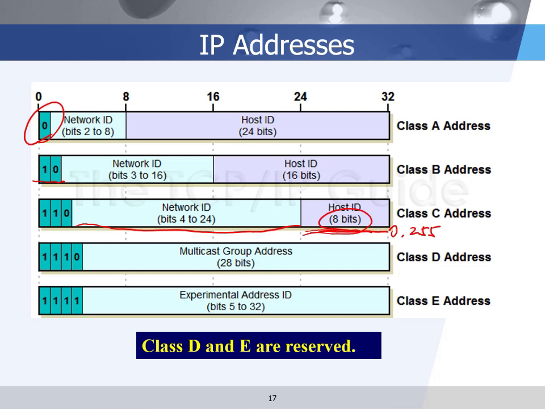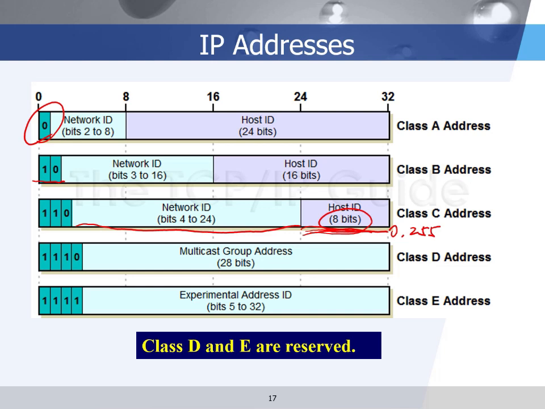So now we can understand that the Class C IP address can be used for small organizations, like a small company that has fewer machines. So we don't need to give them too many host numbers, because 254 machines will probably be enough for the small company. But if we have a large company or large organization, only 1 byte for the host number part is definitely not enough.